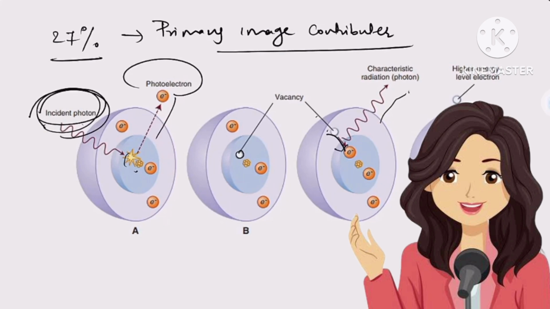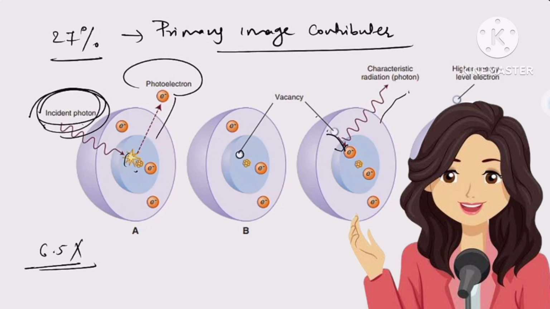I already discussed the bone, which has 6.5 times higher atomic number as compared to soft tissues. So the photoelectric absorption happening in the bone will be much higher as compared to the soft tissues. All right, this is photoelectric absorption.